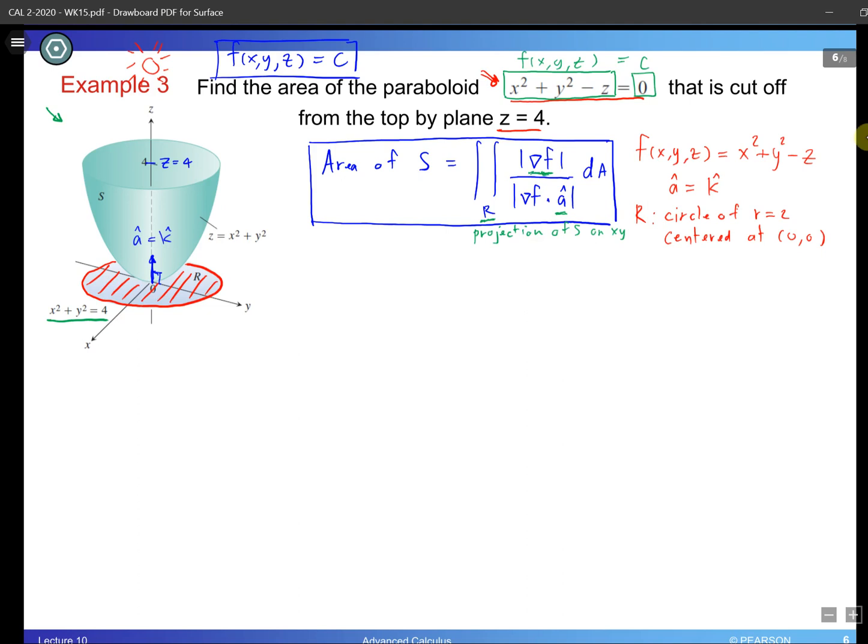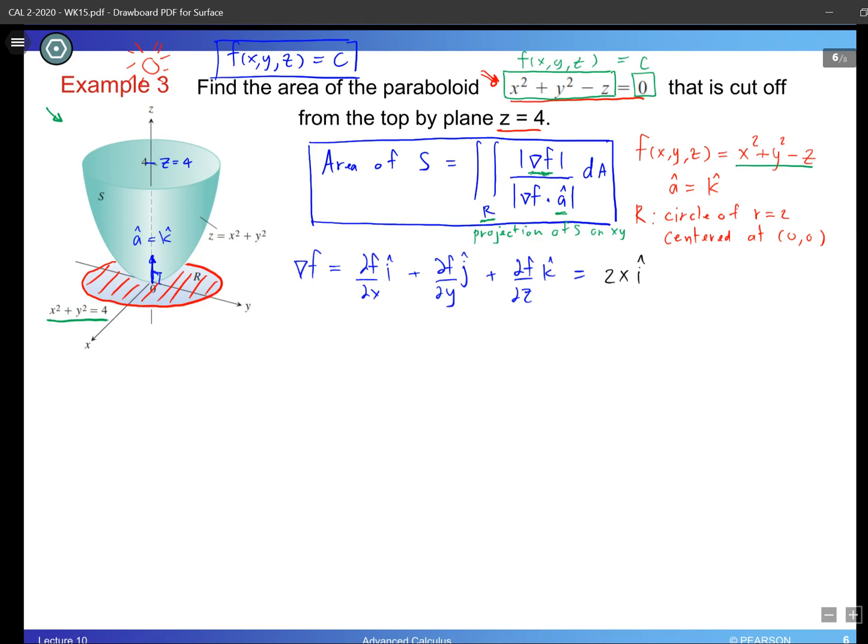First of all, let's find the gradient of f. It's going to be equal to the partial derivative of f with respect to x, i component, plus the partial derivative of f with respect to y, j component, and the last component, the partial derivative of f with respect to z, k component. So I'm supposed to differentiate this f right here with respect to x. I get 2x out of that, so the gradient of f is 2x i.